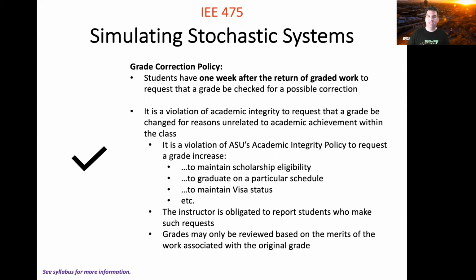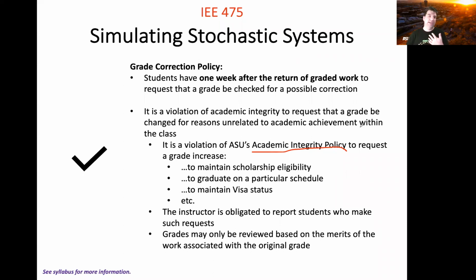And then I have to mention this, but ASU's academic integrity policy on the provost webpage says specifically that it is a reportable violation of ASU's academic code of conduct if you were to request a grade change for any reason that's not related to how well you've done on that particular assignment. And so you can't request a grade change, say, to maintain your scholarship eligibility or to graduate on a particular schedule or to maintain visa status or any of that.